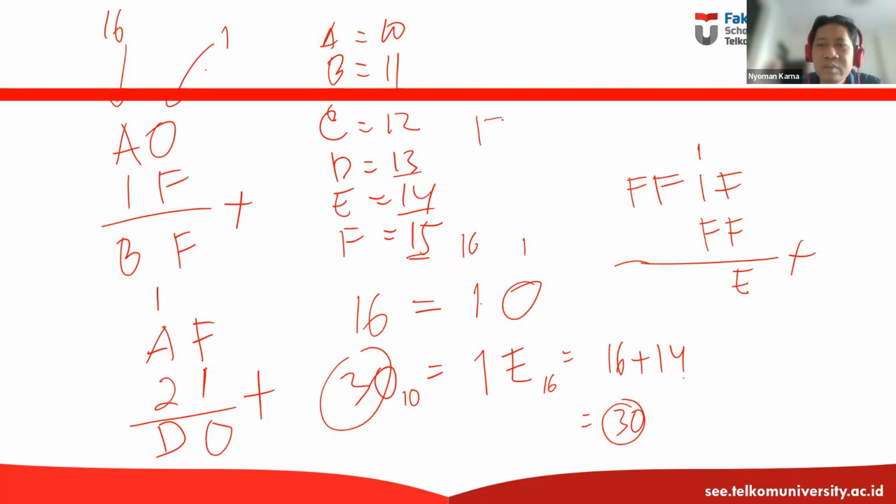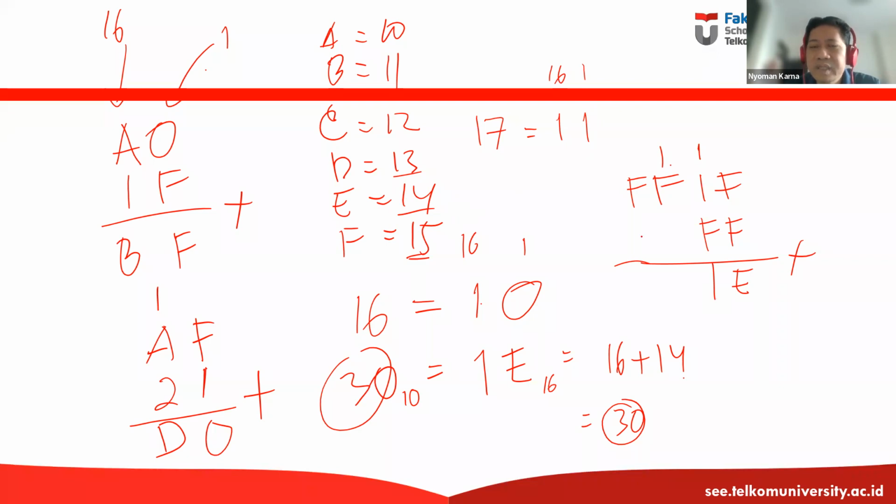We don't have a symbol in hexadecimal for 17, so we represent 17 by using 1, this is 16, and then 1. So 17 is 1 and 1.